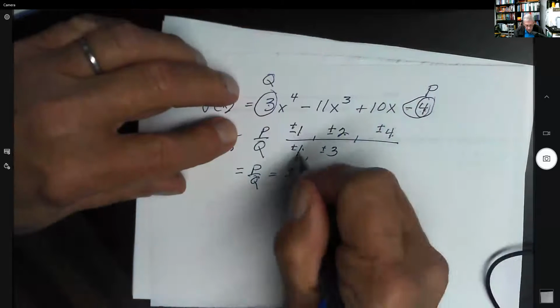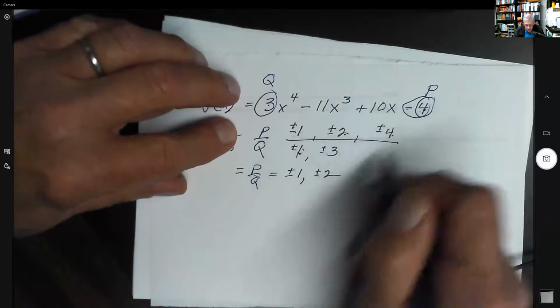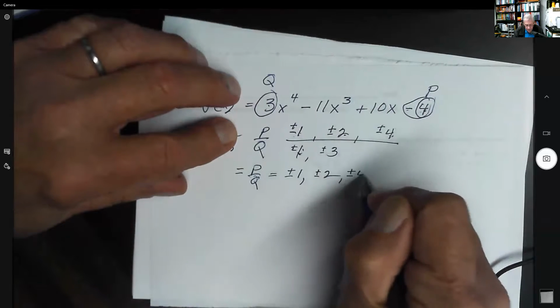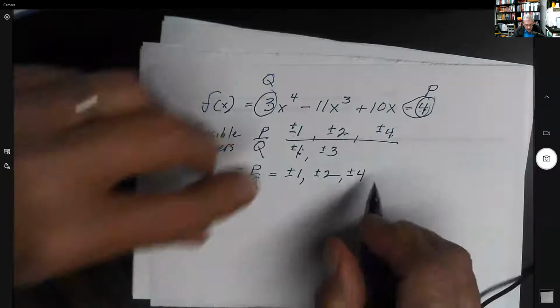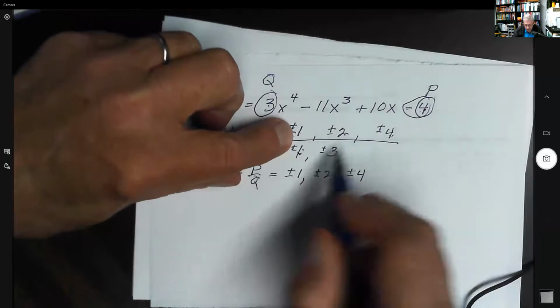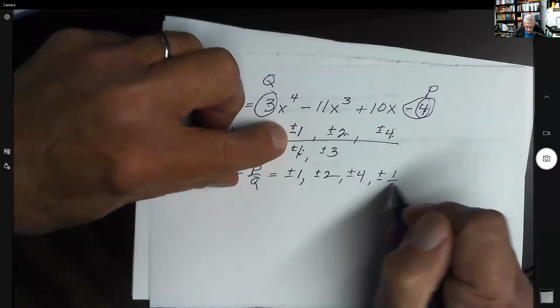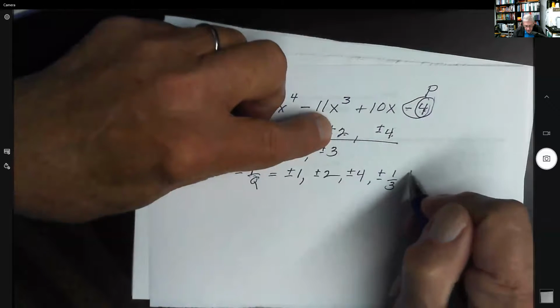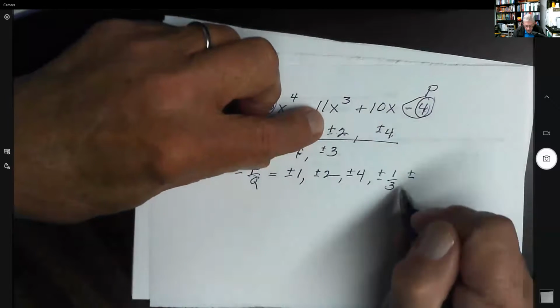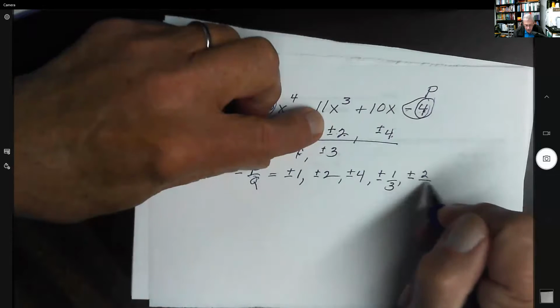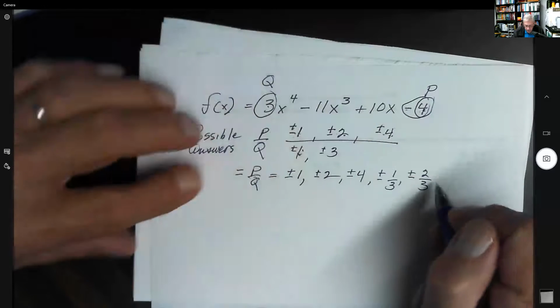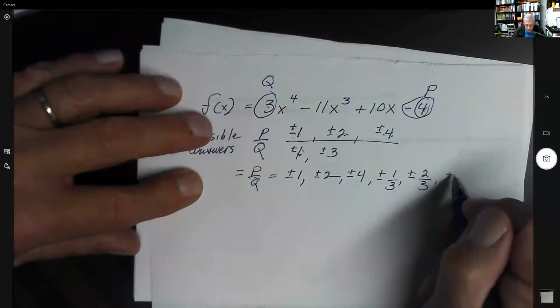Divided by 4, 1 into 4. But we could also divide every one of these numbers by 3. Yes, they could be fractions. We could divide the 2, or we could even divide the 4 by 3.